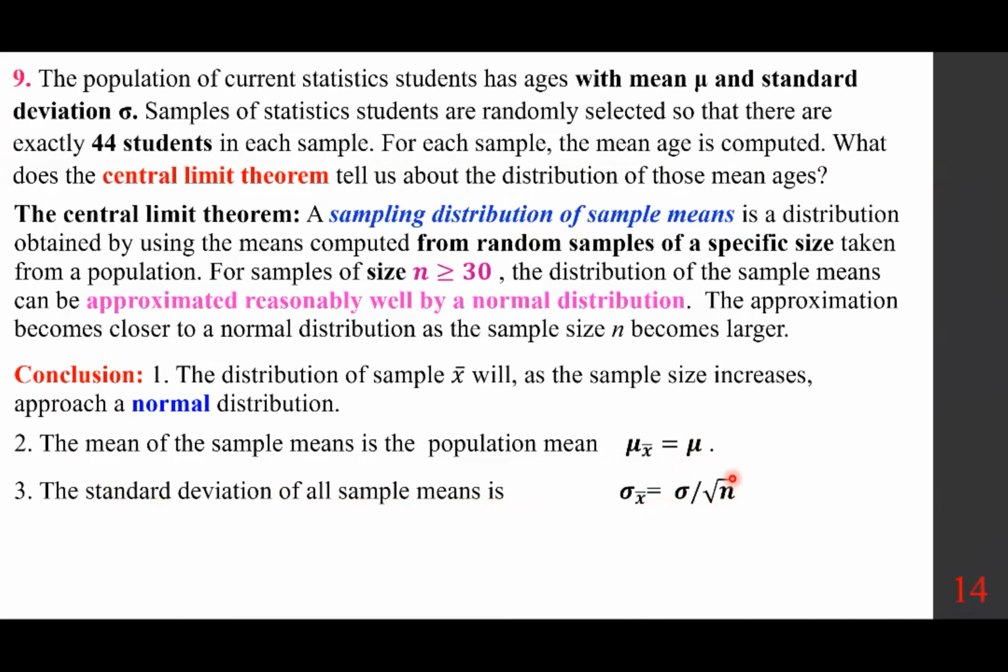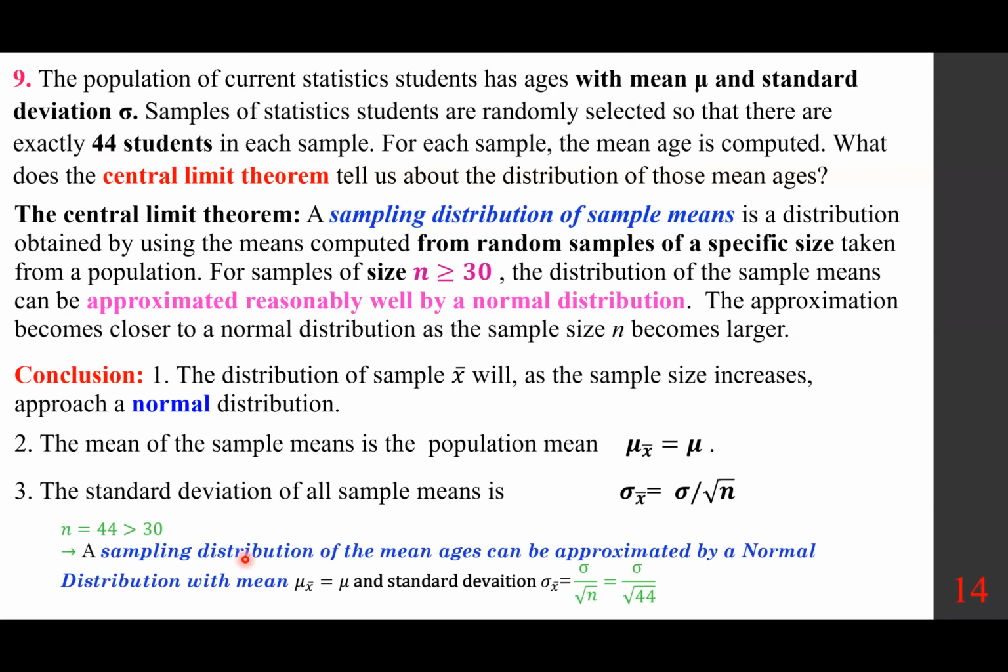In this example, n is 44, which is larger than 30. A sampling distribution of the mean ages can be approximated by a normal distribution with mean mu of X bar equals mu and standard deviation sigma of X bar equals sigma over square root of n, or sigma over square root of 44 because n is given to be 44.